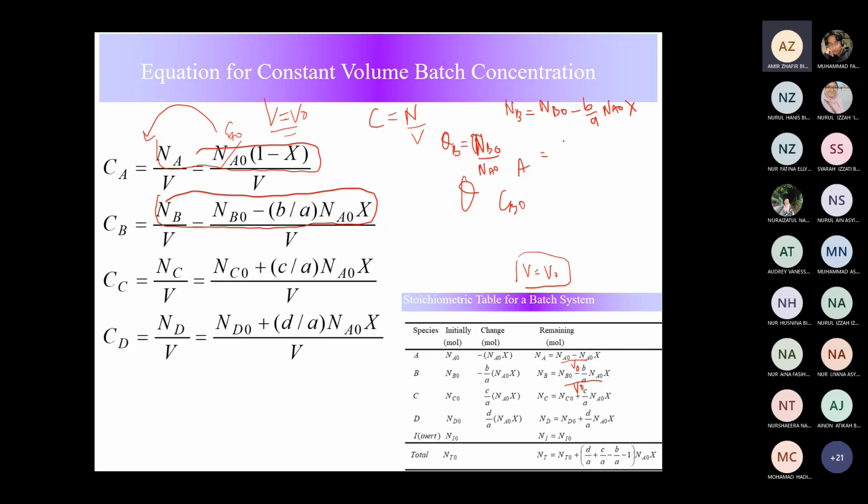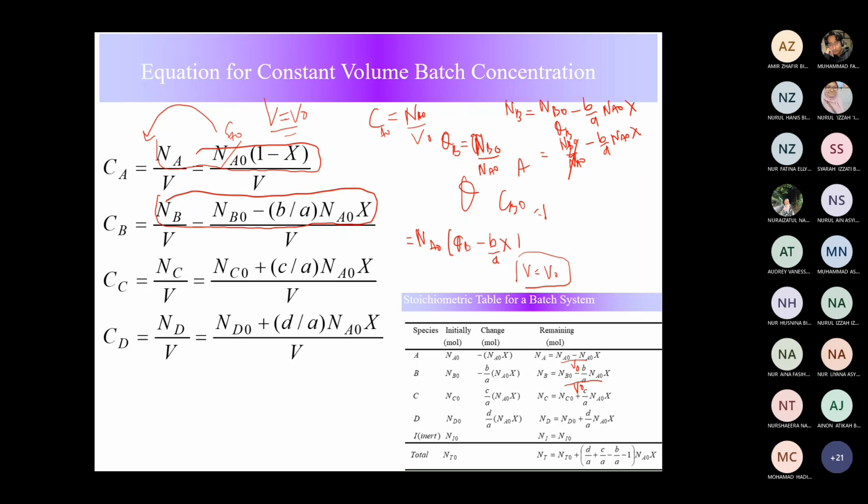So kita akan jadikan dia NB0 over NA0, yang ni B over A NA0 X. So dekat sini, ni automatik akan jadi theta B kan? Sebab kita nak tukarkan, ingat kita nak tukar NA0 dengan V0 kan? So NA0 ni bawa keluar, darab dengan ni dah tukar kan? So jadi theta B minus with the B over A here.